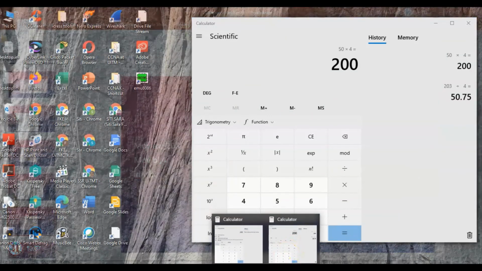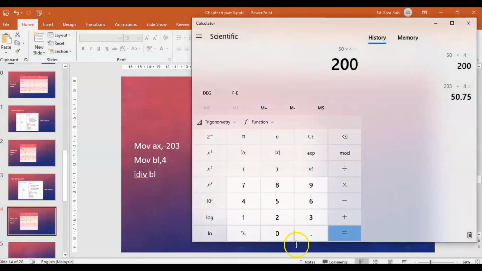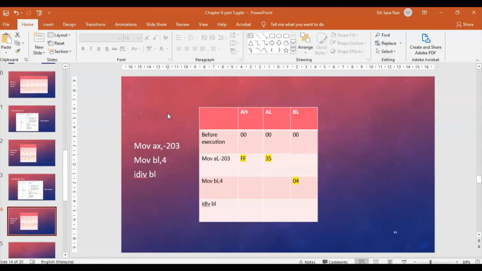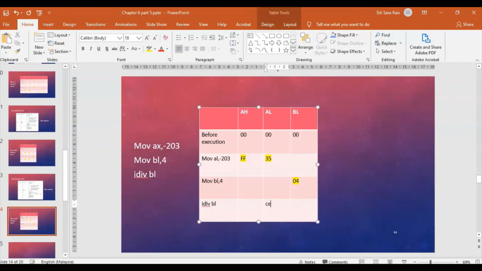Just take the same value. 203 divided by 4, just now we had 50. 50 multiplied by 4 gives 200. However, the value is negative, negative 50, which is FFCE. AL will have CE.